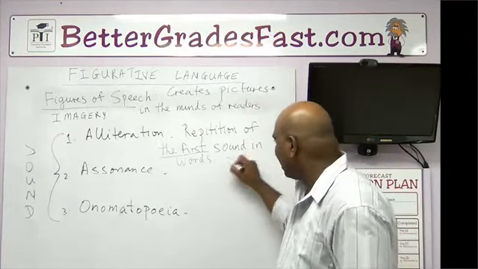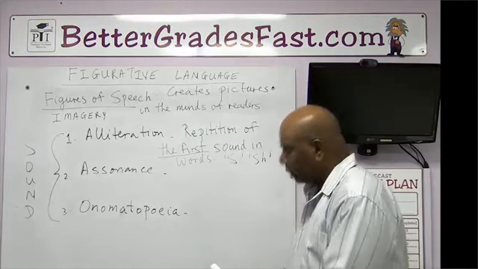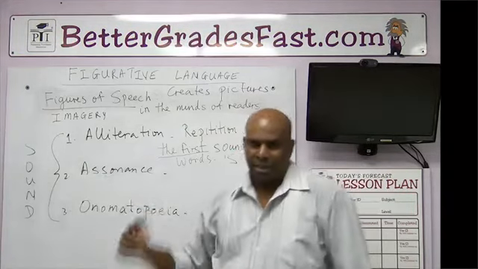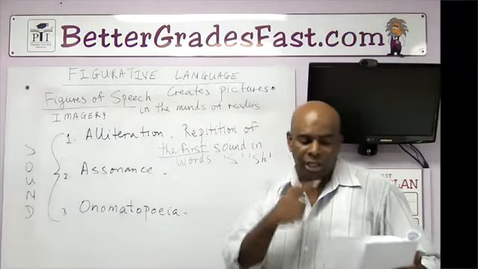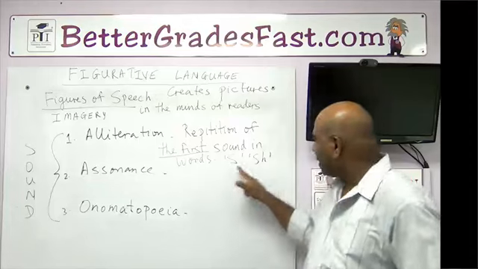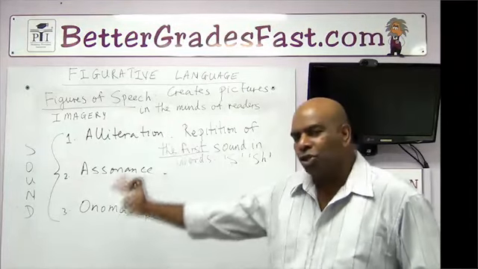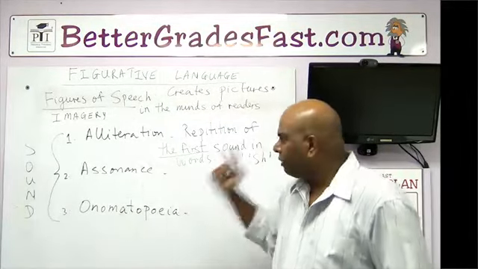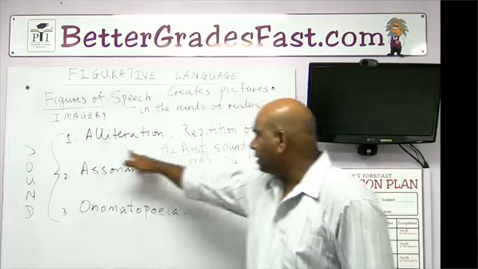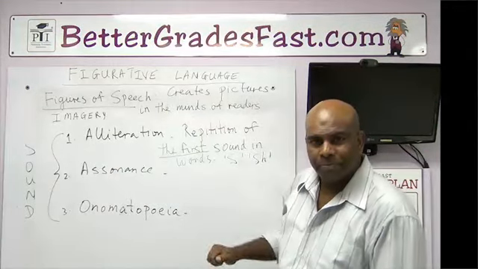We have the S and the SH sound. Now, what's the effect of that sound? She sells seashells by the seashore. That S and SH sound makes us think of the waves coming in on a beach. It creates a sound, and that's alliteration. The sound creates a picture in your mind.